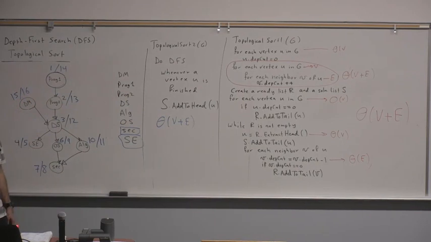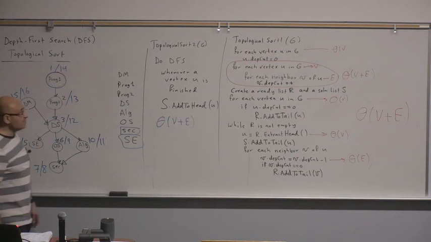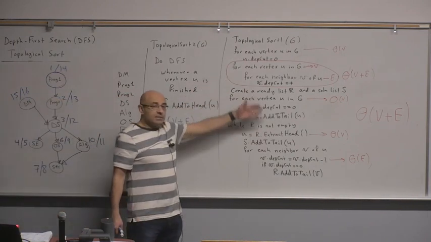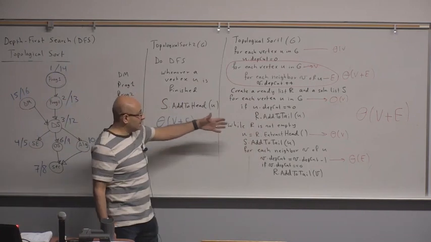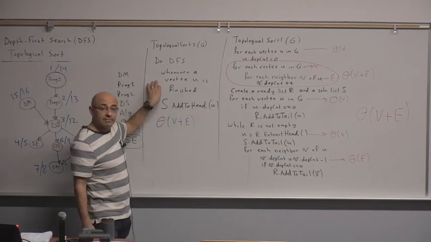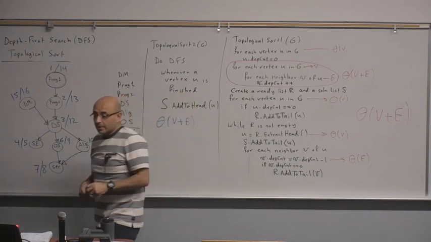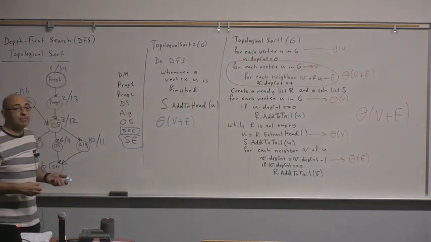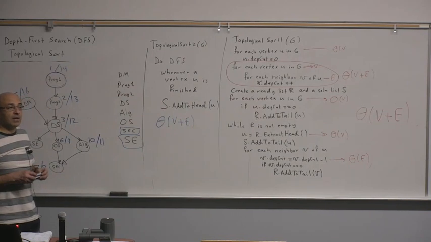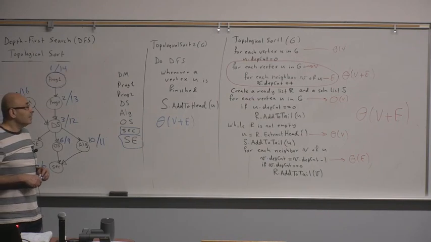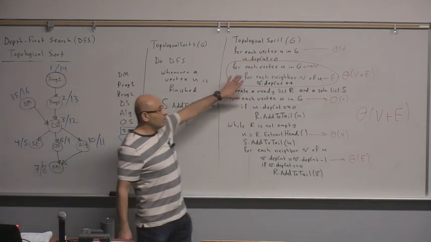So now we have two algorithms for doing topological sort. Both of them are V plus E. So asymptotically, this code is equivalent, does the same thing as this code. But which one is expected to take more actual time? Well, here definitely we're doing more operations.